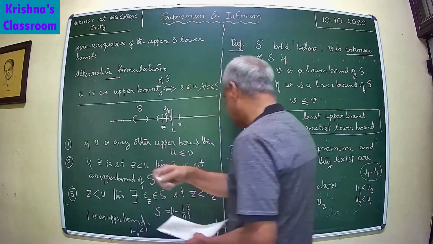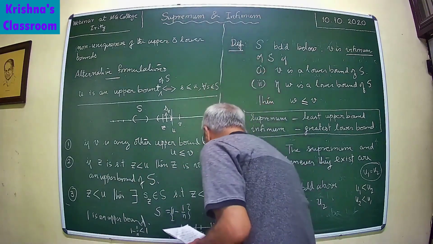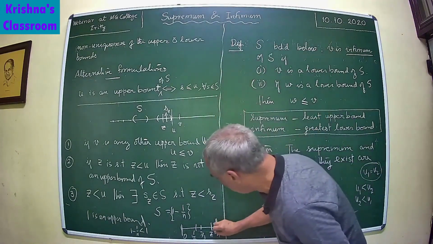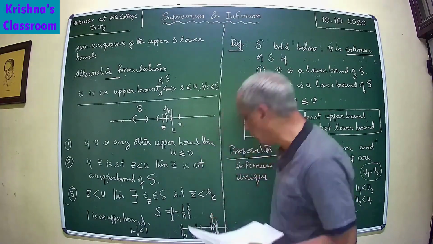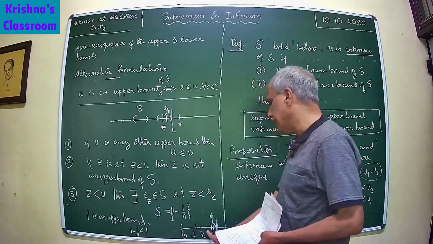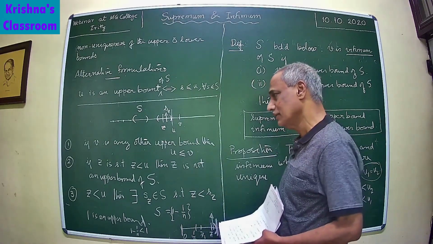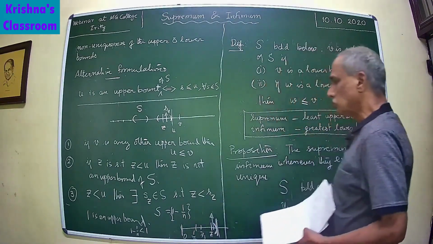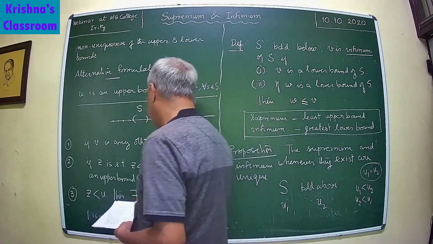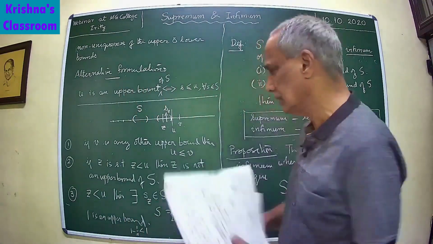To be the least, if you take any other number, U or Z here, then you can always find a number of the type 1 minus 1 by n lying between Z and 1. So one of the things you have to prove is that if Z is less than U, then there exists such an element.